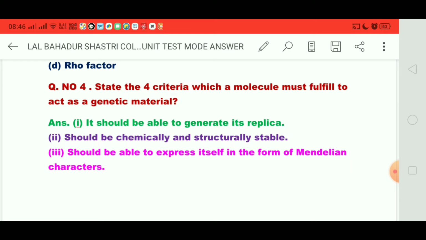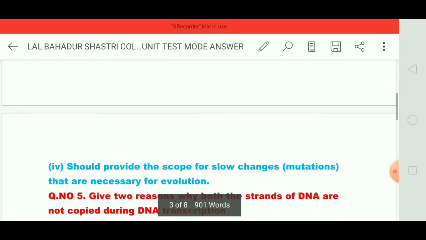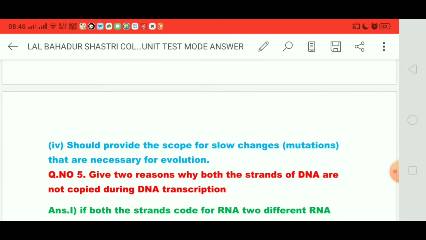It should be able to generate its replica, it should be chemically and structurally stable, it should be able to express itself in the form of Mendelian characters, and it should provide the scope for slow changes that are necessary for evolution.